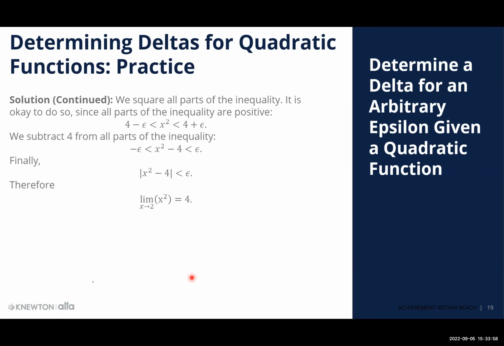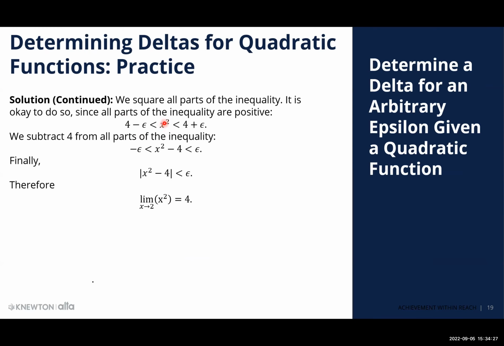We're going to square everything to get rid of the square root sign, and also, because remember, we want to arrive at this expression based on the assumption, that being the absolute value of f of x minus L is less than epsilon.